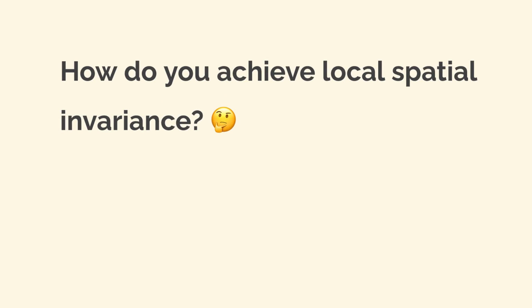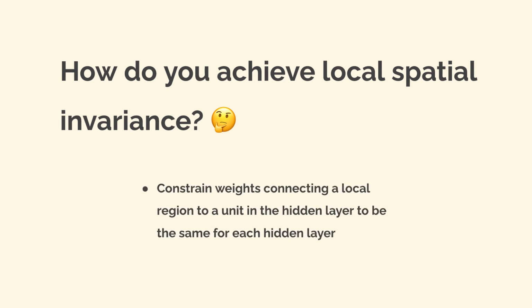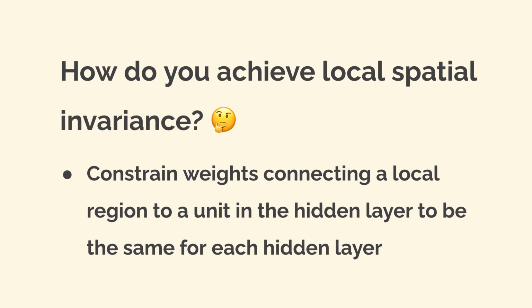So how do we achieve local spatial invariance, which we talked about near the beginning of this very lecture? Well, in order to achieve that, you are going to constrain the weights connecting a local region to a unit in the hidden layer to be the same for each hidden unit. And that way, you can get the different associations and neighbors of pixels.